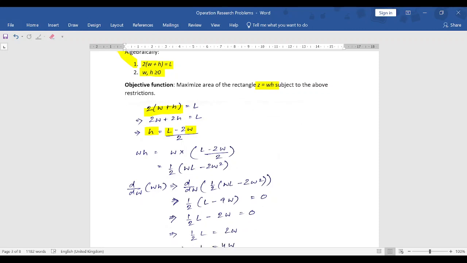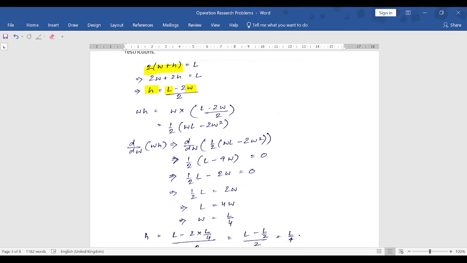Now using the differential calculus rules, we differentiate the area with respect to W. After differentiating we get half into (L minus 4W). So if we solve this further, we get W is equal to L by 4.